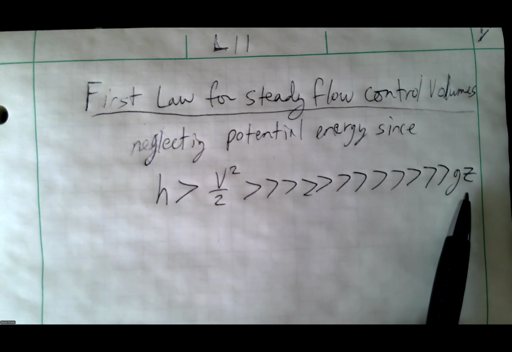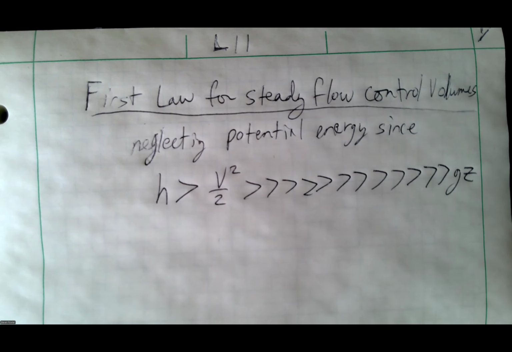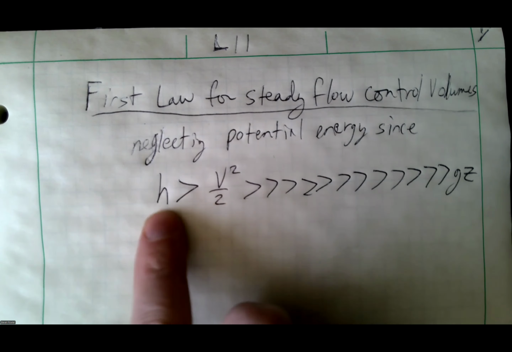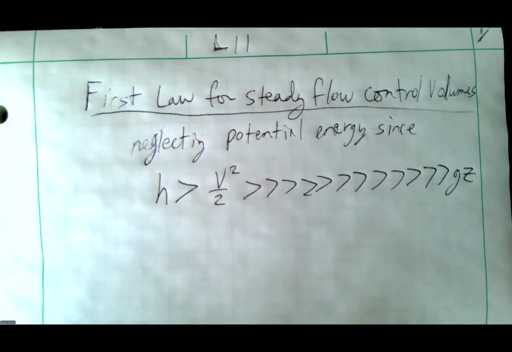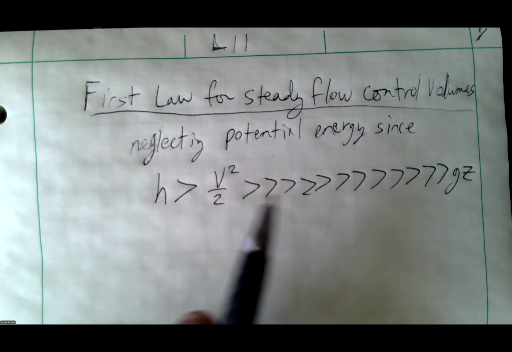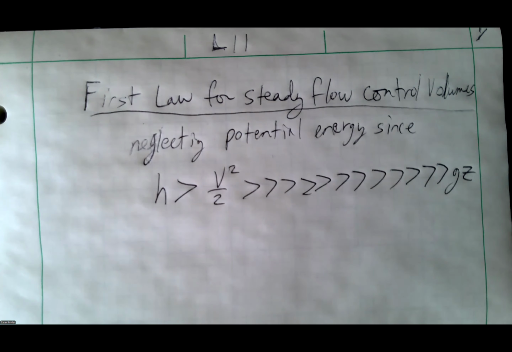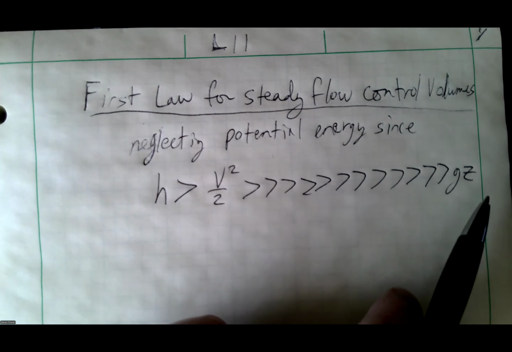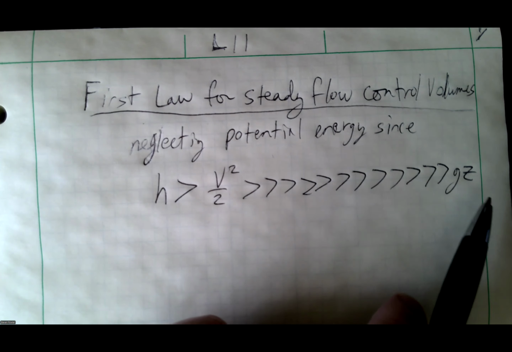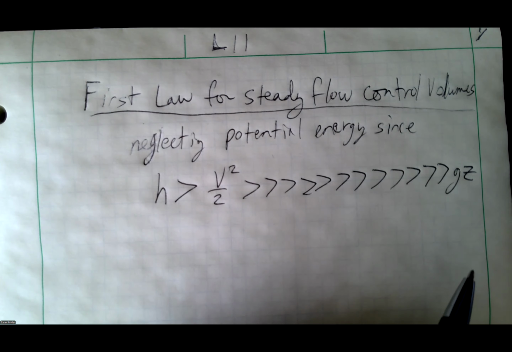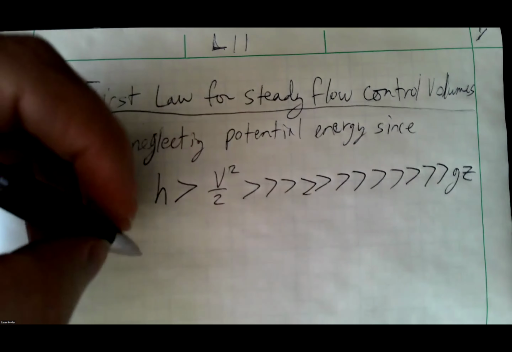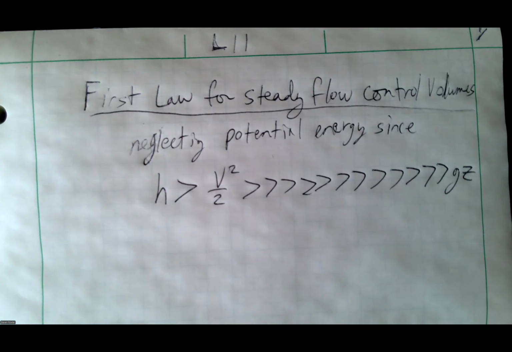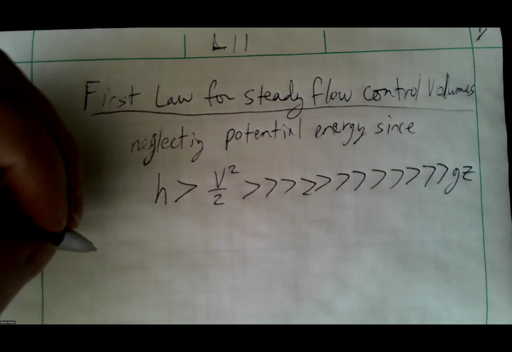But normally the potential energy difference would be on the order of microjoules compared to joules or kilojoules, maybe even megajoules for these other terms. Not going to impact the third significant figure probably ever, at least not for the devices we're going to look at. We're not going to look at devices the size of, say, a hydroelectric dam that is almost a mile tall. That's the level you would want to get to consider the potential energy change.